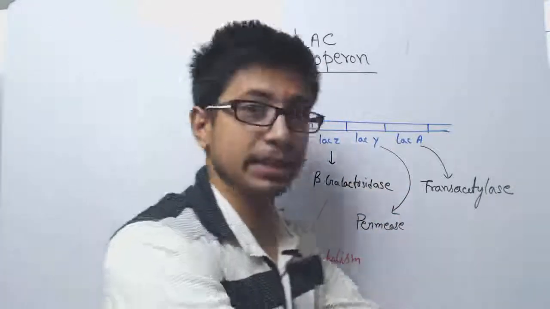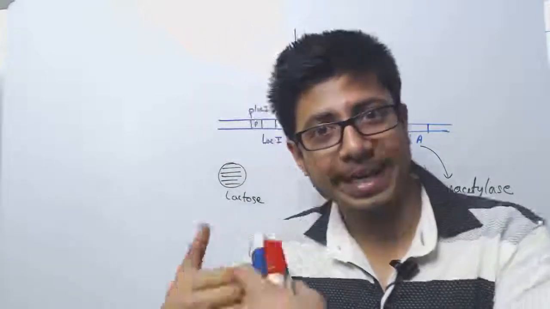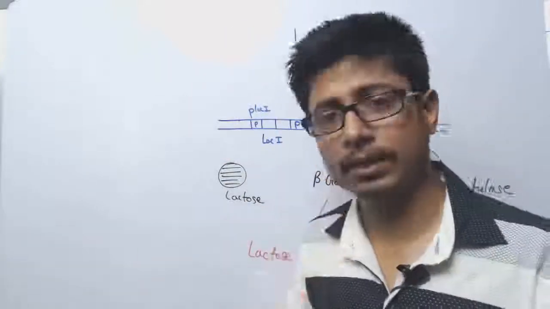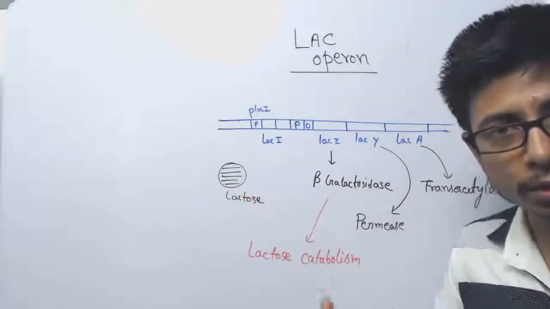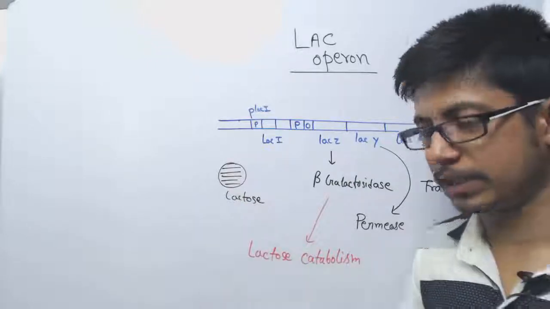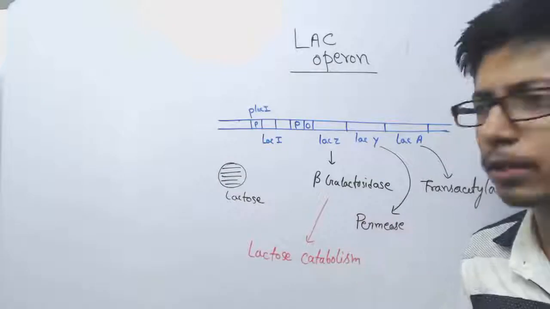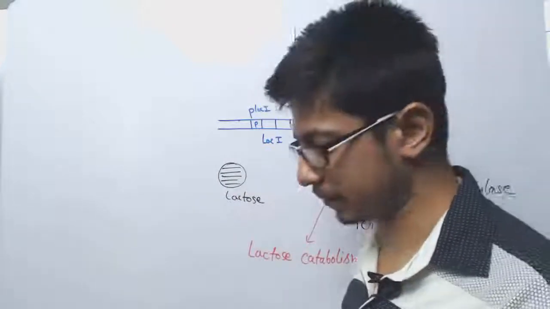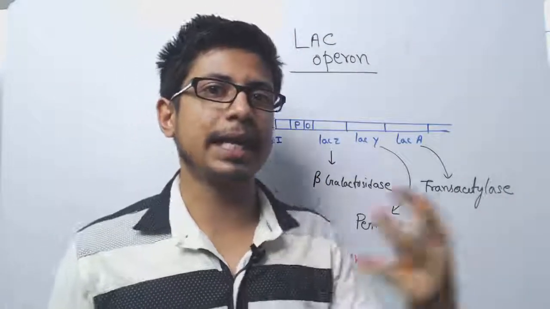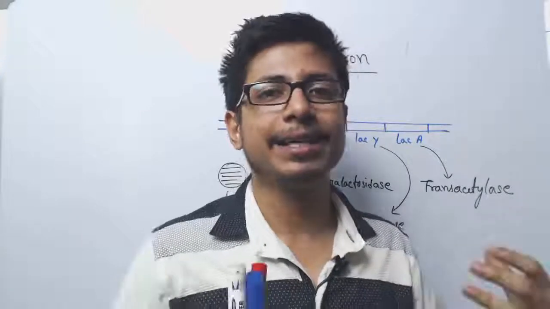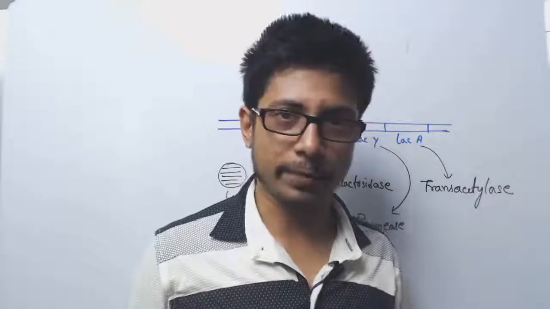The lactose is present in the environment. Now the bacteria wants to take energy out of it. The most important and preferred source of energy for any bacteria is glucose. But let's say the environment does not have any glucose, they have lactose present, and the bacteria want to take that lactose inside and produce energy from it via metabolism.